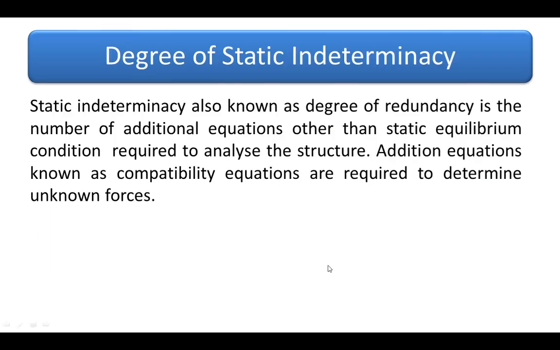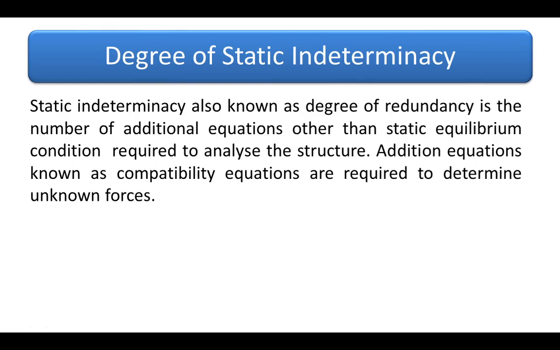Now, next the degree of static indeterminacy. The definition: static indeterminacy, also known as the degree of redundancy, is the number of additional equations other than static equilibrium conditions required to analyze the structure. It means the additional equations which are required other than sigma Fx, sigma Fy and sigma M equal to 0.